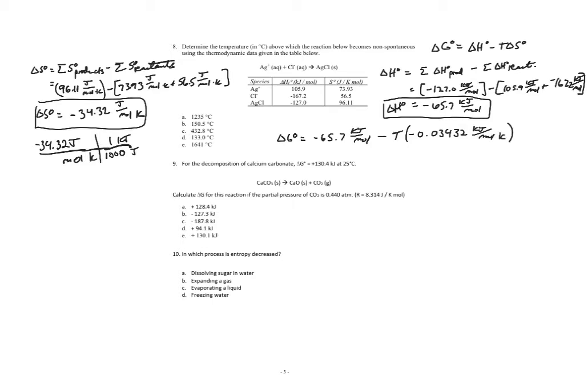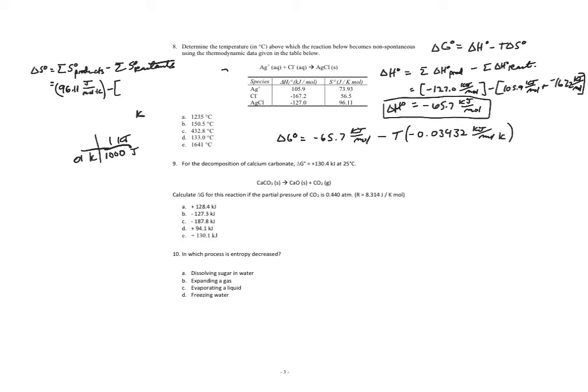Okay, so now what I'm going to do is erase some of this other stuff over here, and we'll talk a little bit about what it means to try and think about solving for a new temperature where things are going to become non-spontaneous.